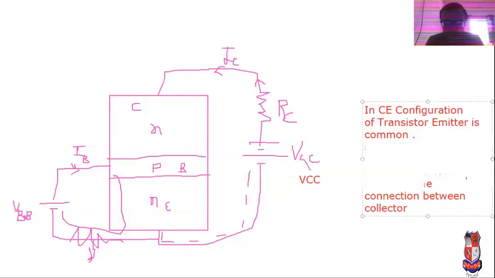All the connection between collector and base is via the emitter only. See, these are the golden words related to common emitter configuration. Please try to concentrate here.